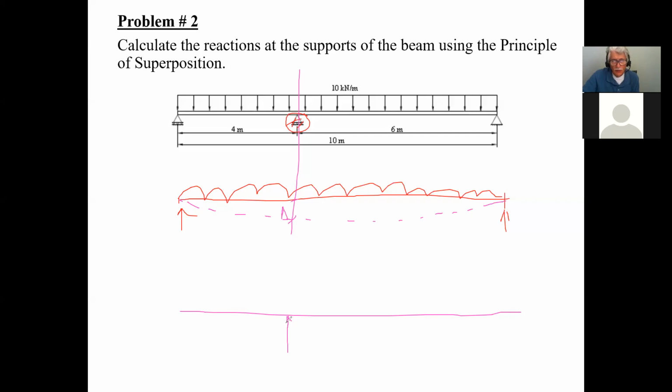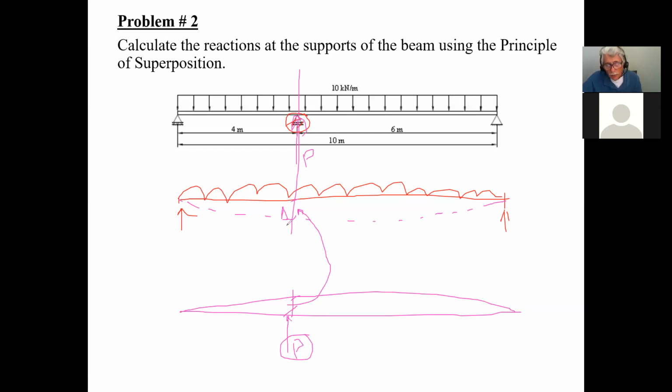In other words, can I calculate a load here that would cause an equal deflection that will be equal to that one? And if I can, I know that this is the force required to bring this back to 0, and therefore that's going to be the value of the reaction here, P. When I saw this the first time, I said, whoever thought of this was really on the ball. And that's what we're basically doing.